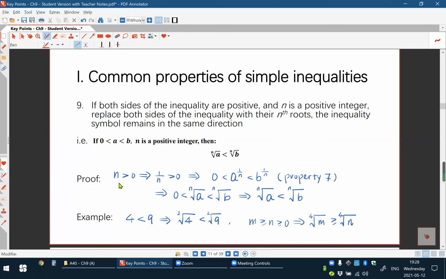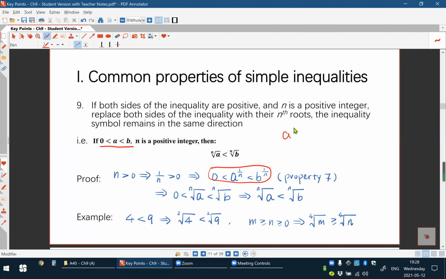Okay, to prove this, we start from n is above 0. If n is above 0, then the reciprocal of n is also above 0, right? So according to property 7, if we have a is smaller than b and both of them are above 0, we can raise both sides to 1/n, right? And then we will have this inequality here.